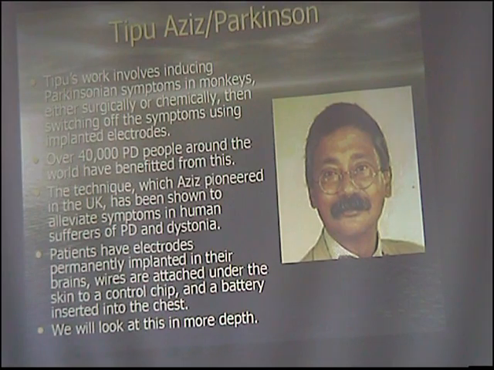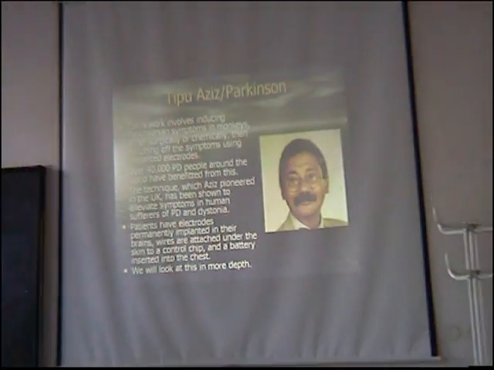And we'll see next time around. I know at least one of you is researching in this area, but we'll see more of that next time. This is using deep brain stimulation to counteract the effect of Parkinson's disease. But Tipu does a lot of work with monkey brains to firstly bring about Parkinson's disease and then see where to position electrodes in the brain in order to counteract it and what currents to apply.